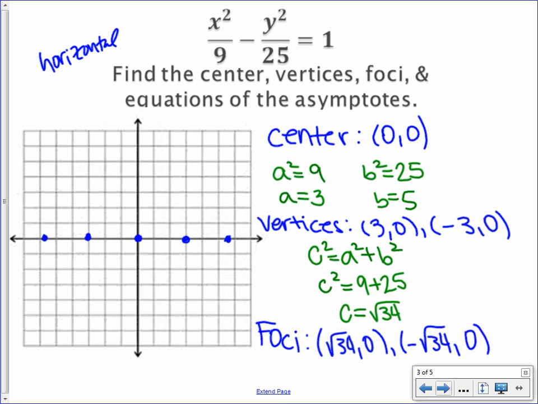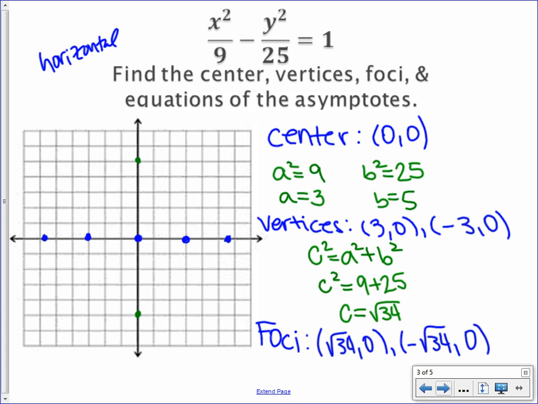Okay, now for the fun stuff. Very, very lightly, let's plot those B points. Since B is 5, I'm going to go 5 away from the center and plot a really, really light point. If you're using a pencil, do this very lightly.